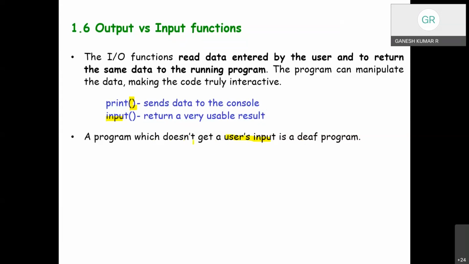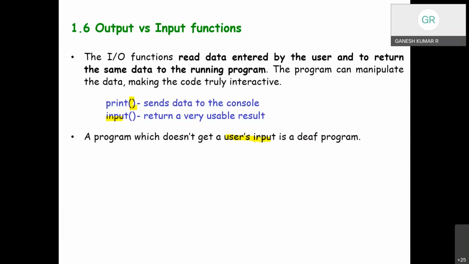A program which does not get the user's input cannot process anything. Without input, no processing, and without processing, again, no output. So output is the processed, manipulated input. There must be a source. When no input is provided, there is no point in processing, manipulating, or executing it.